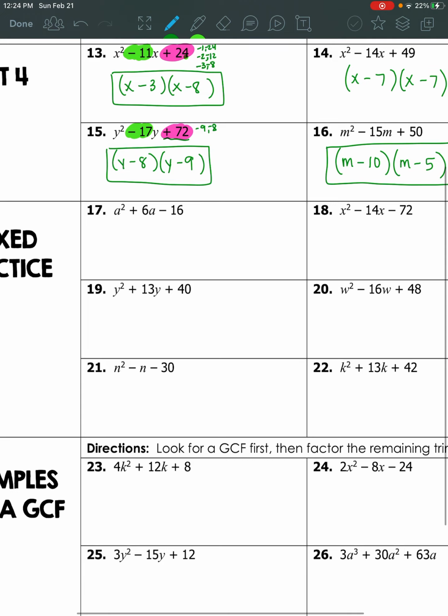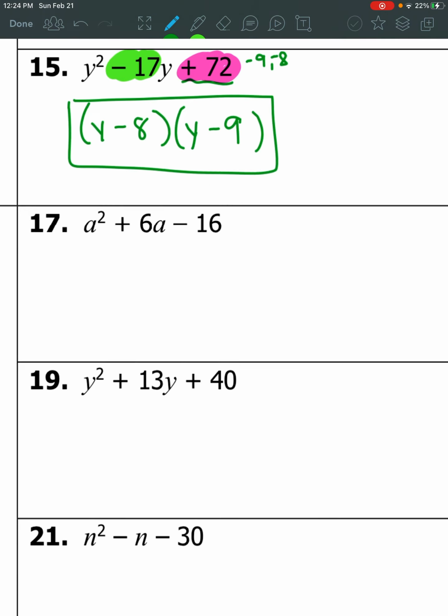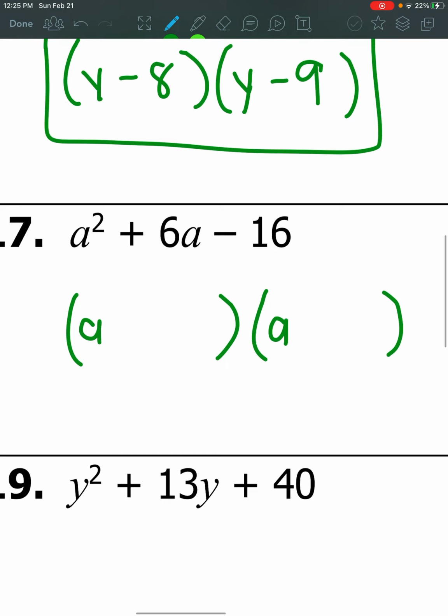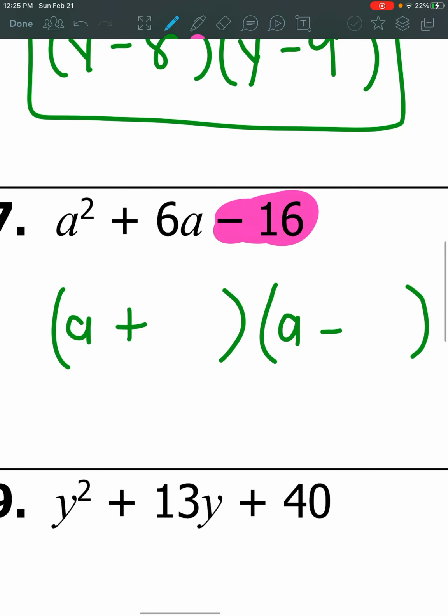Now, like I said, this mixed practice, you need to go through, and I would always start out with your parentheses, your variable first, but then determine what you need your signs to be. Since the last term, the C, is negative, then we know one has to be plus, one has to be minus. If it's a positive term in the end, then they're either going to be both plus or both minus, okay?